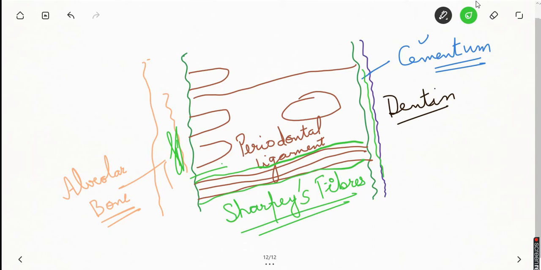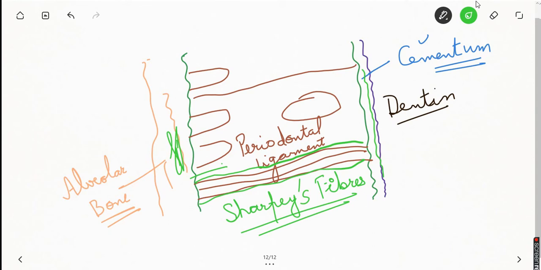It is very important from the exam point of view. The examiner could ask you a question regarding these Sharpey's fibers.